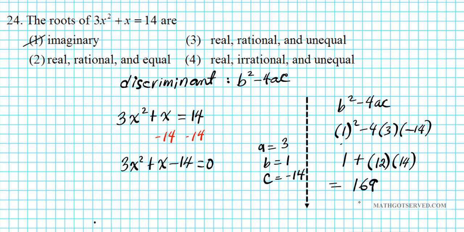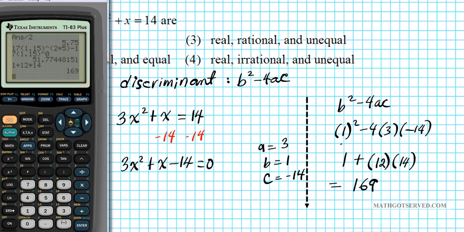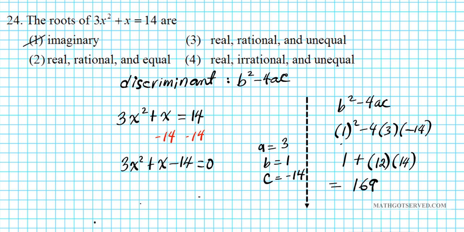Is 169 a perfect square? It certainly is, because the square root of 169 is 13. So this is a perfect square, which means the roots are rational, so it cannot be option 4.